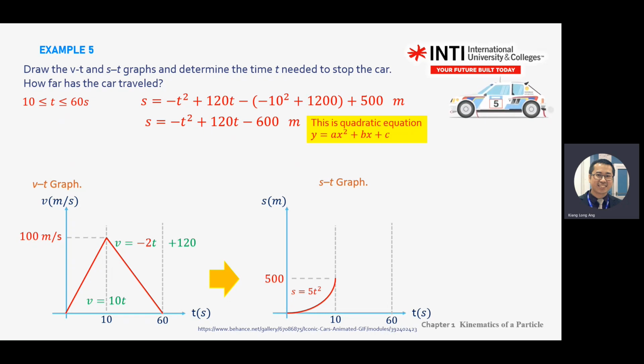Again, this is what equation? Quadratic equation. What is the a value? Negative value. So negative is a sad face, so draw a sad face. However, there is a value there. Okay, so this is a sad face. You continue from here.